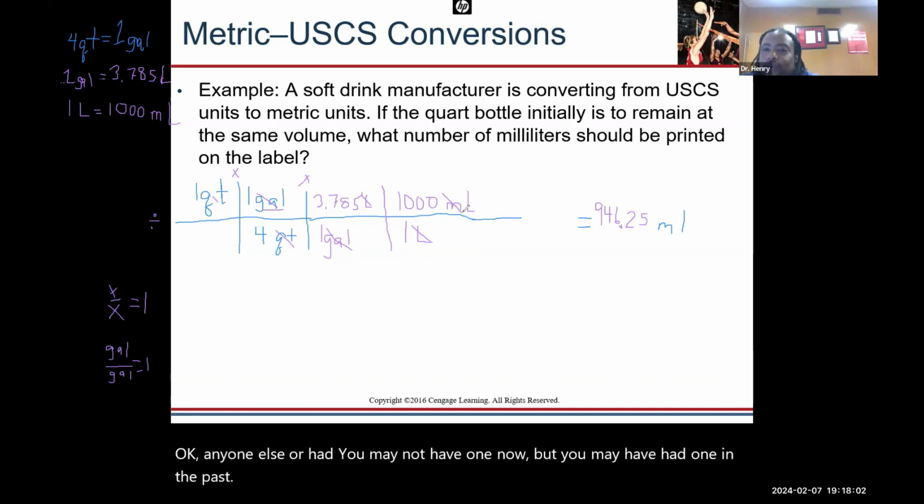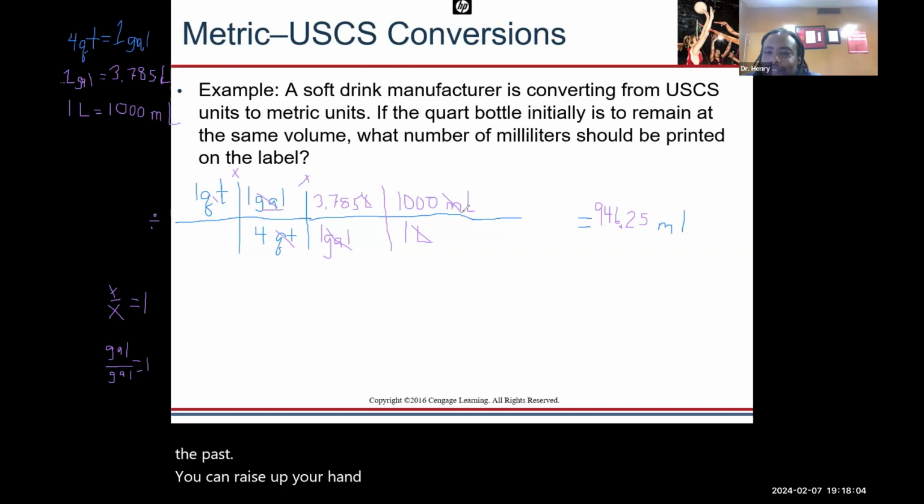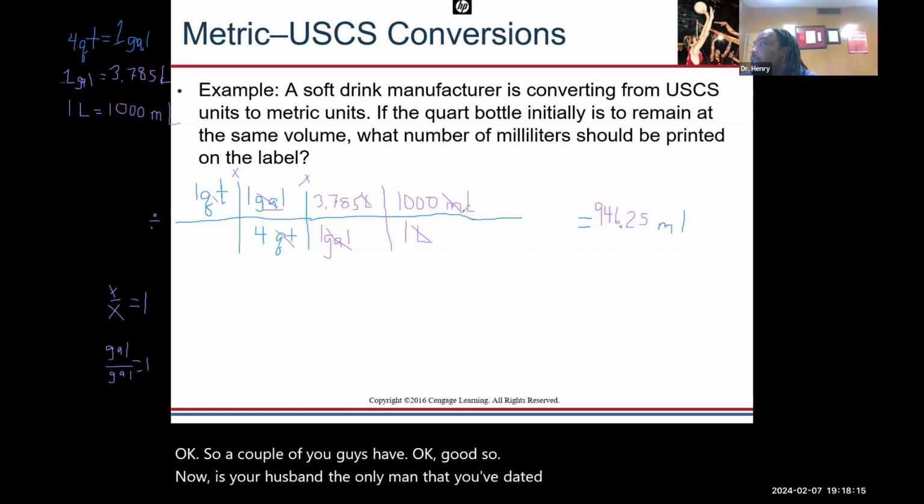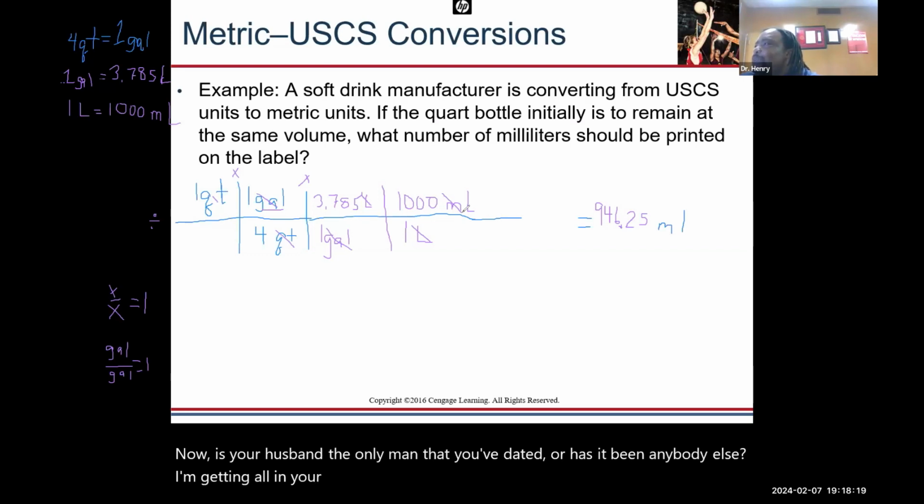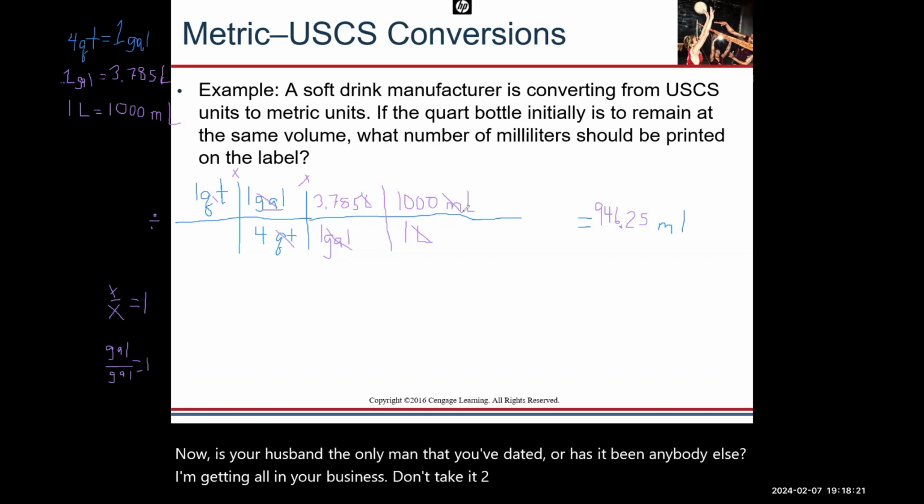Okay, so a couple of you have. Is your husband the only man that you dated, or has there been anybody else? No, okay. So there was somebody before him.